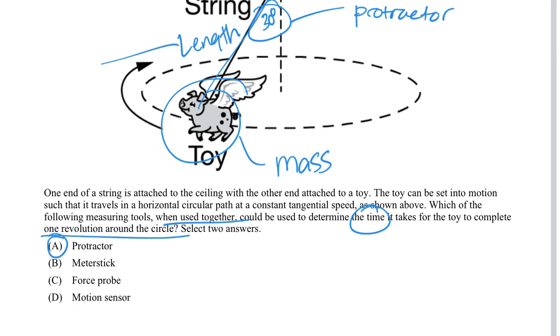So that's going to be one of ours. The length of the string also matters whenever we're trying to determine the time it takes to make one whole revolution. So that would be a meter stick that we need to use. And then mass, we can use a scale, but that's not one of the choices. So it would be A and B.